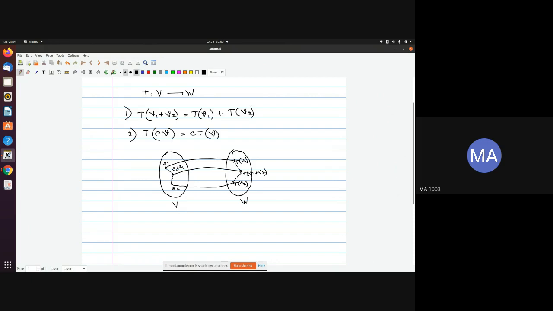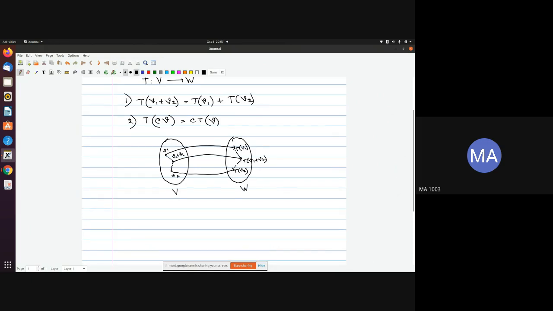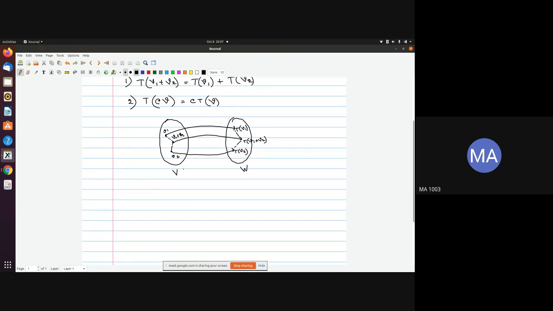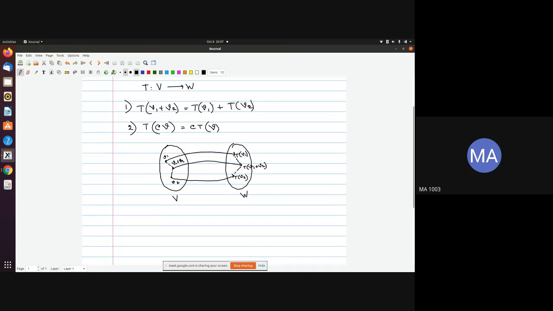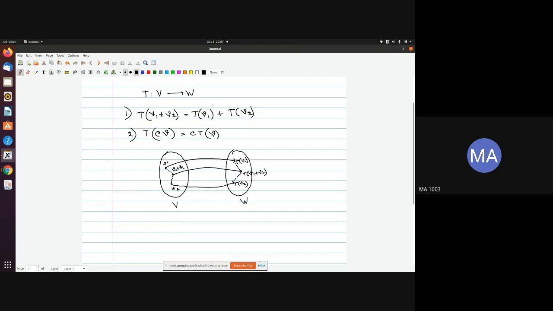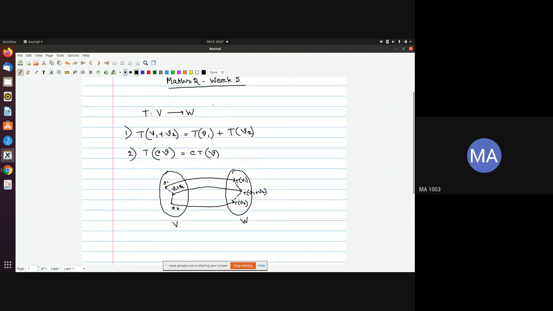That is the trivial thing we need. This is the first one. Similarly, for scalar multiplication we need the same thing: T of c v is the same as c times T v. If a mapping satisfies these two properties, we call it a linear transformation. Till this portion we discussed yesterday.